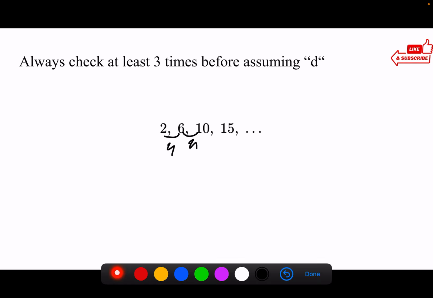So you might want to stop here in an exam and just say that d equals 4. However, this would be wrong because if you go just one more step, the difference between 10 and 15 is 5. So this tells us that there is no common difference in the sequence, and therefore the sequence is not arithmetic. So you always want to go at least 3 times before you write your d value.